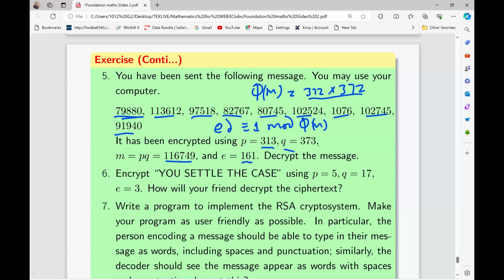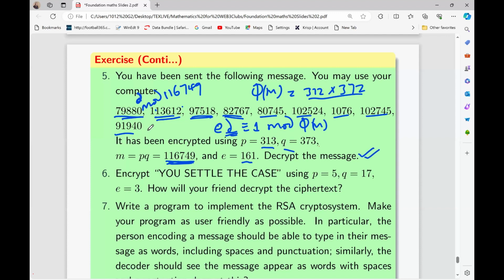You find that this D might be a very big number, so then do this mod M. Our M is 1,16749. Do this one also, raise it to D, mod M. This one, raise to D, mod M. So that is what we say, you're decrypting the message.